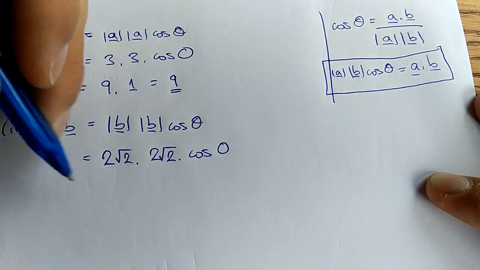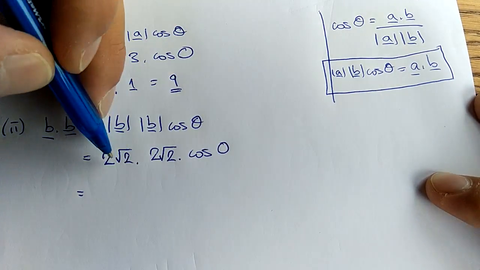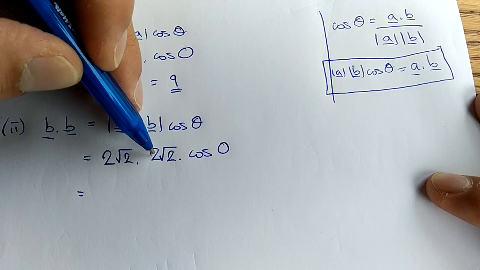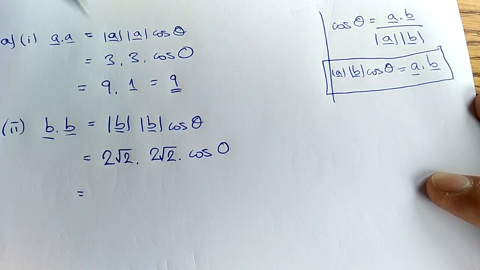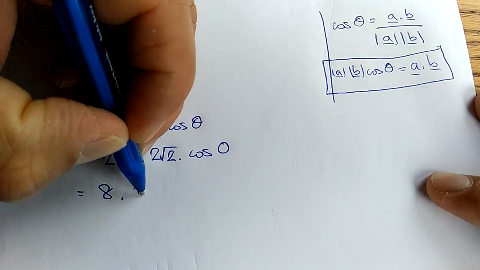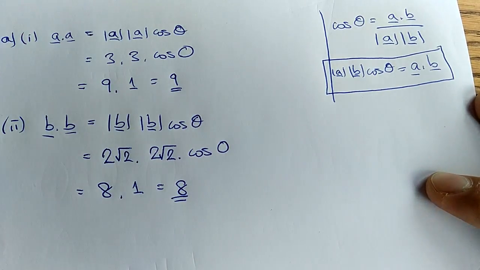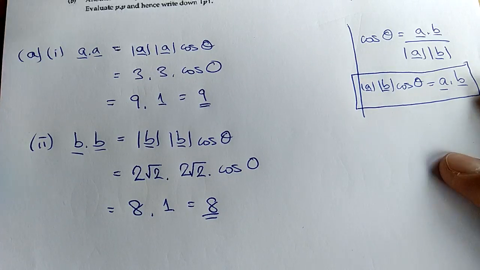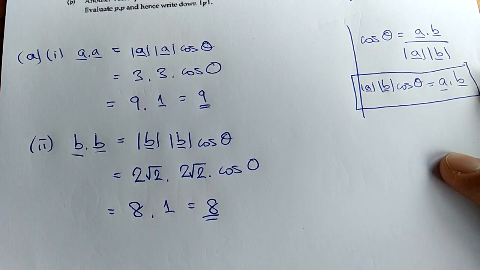There is no angle between B and B. So, multiplying this out, 2 times 2 is 4, root 2 times root 2 is 2, 4 times 2 is 8, times cos of 0 is 1, so that's just 8. Easy as that. These will be a mark each at most.